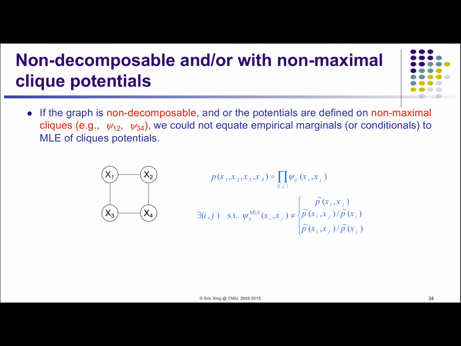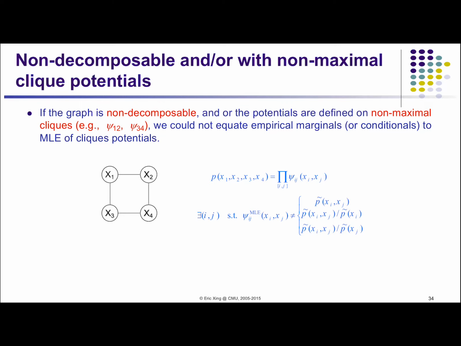So what are the examples of a non-decomposable graph? Here is a very obvious example. This graph is not decomposable. You cannot interpret the potentials as the marginals. Do people see why it's not decomposable?